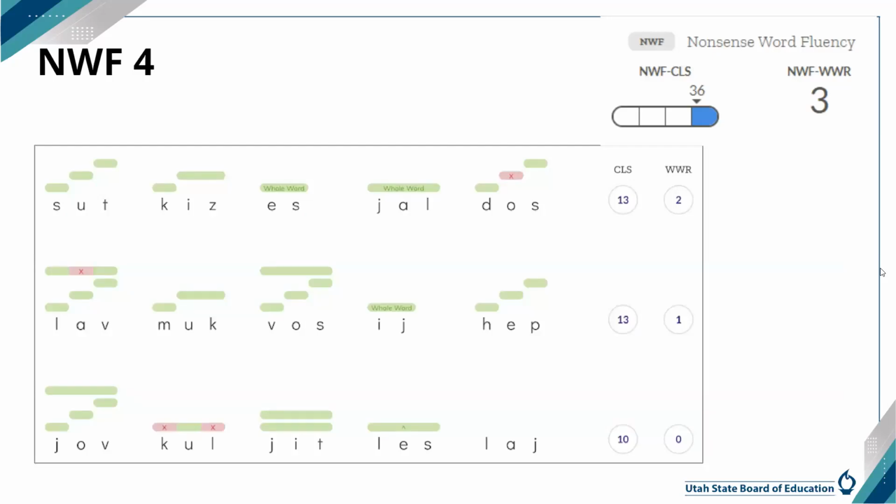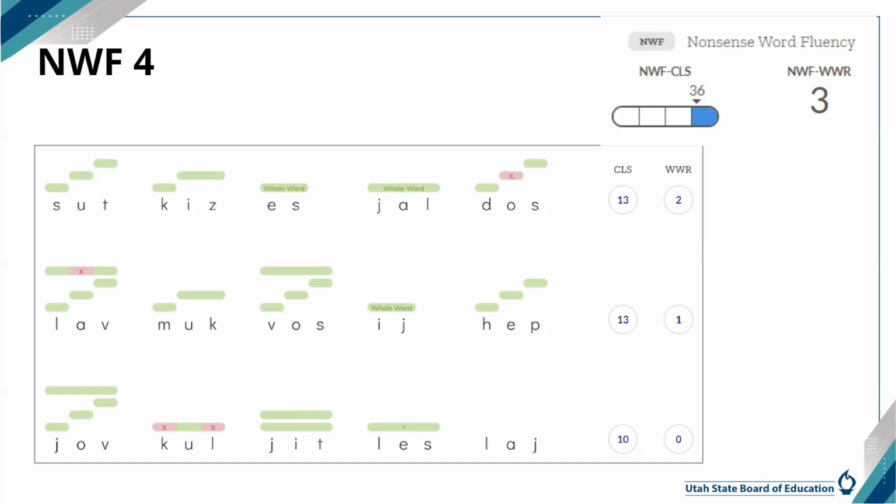Check your scoring. Notice on that last word, there was an inserted sound, so you should have touched that little caret symbol. And there's a little caret symbol that appears in the bar. Your scoring should match. So it's important that your score for correct letter sounds and whole words read matches, but also that the actual scoring marks themselves also match, because that's going to provide that information as to what the student is doing.